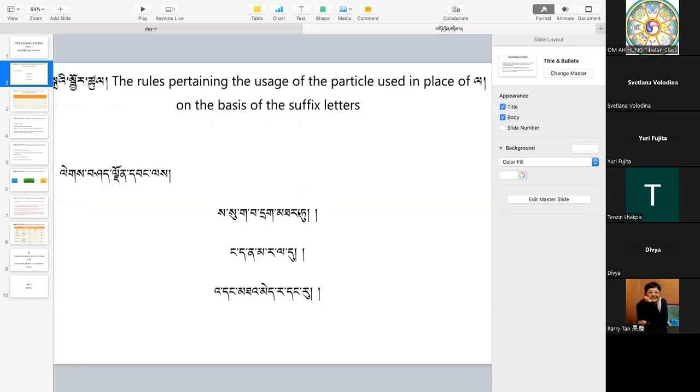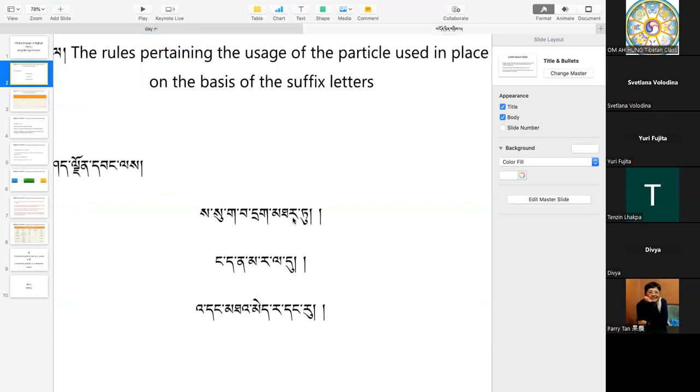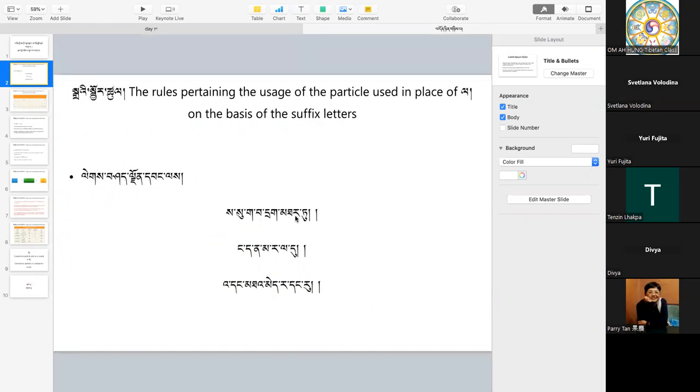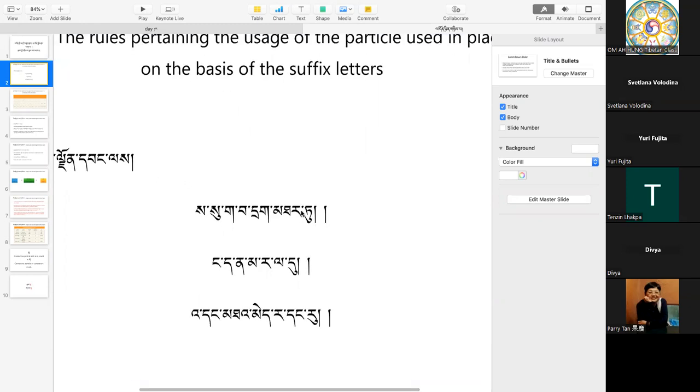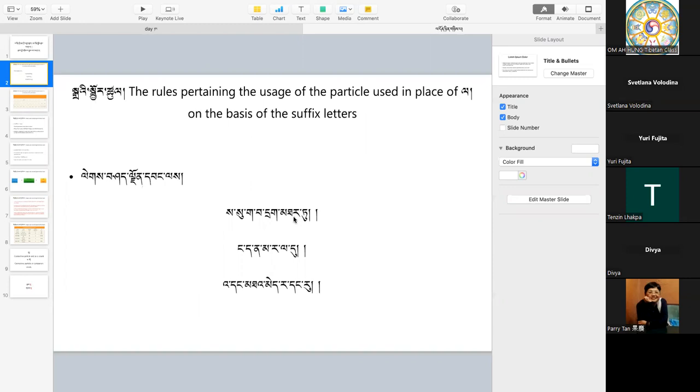So very interesting. We're learning the Latin, and we see that the usage of Latin is already depicted in the text that shows the rules pertaining to the usage of the particle in place of la on the basis of the suffix letter. And we already see that this Latin is used here. So this is wonderful.